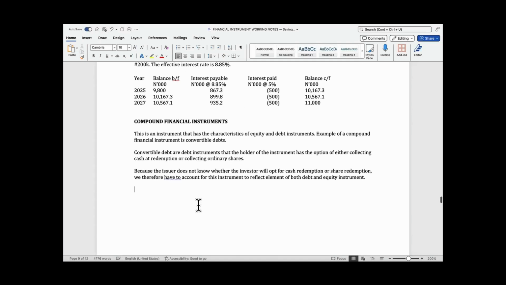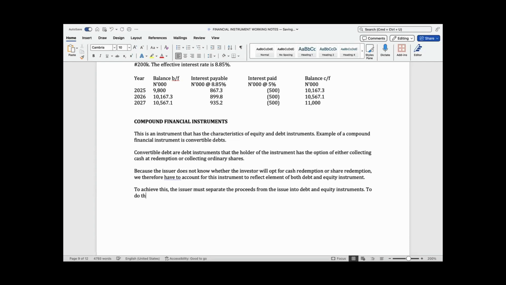So how do we do this? To achieve this, the issuer must separate the proceeds from the issue into debt and equity instruments.